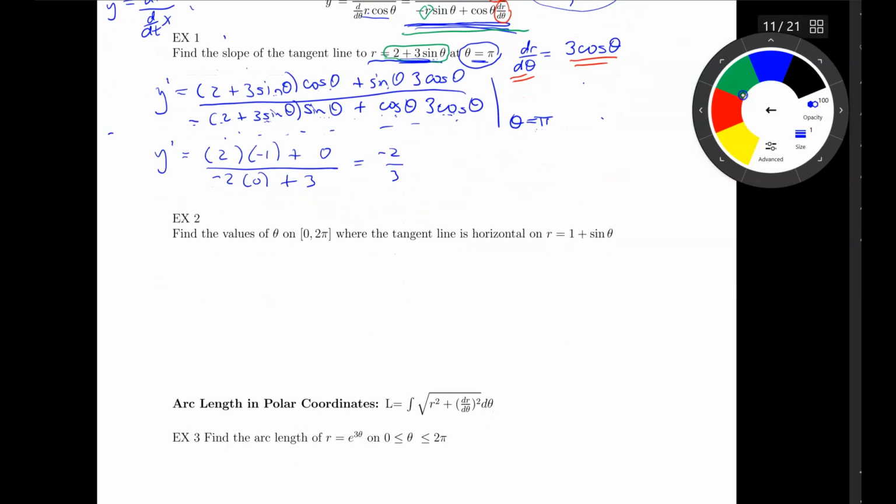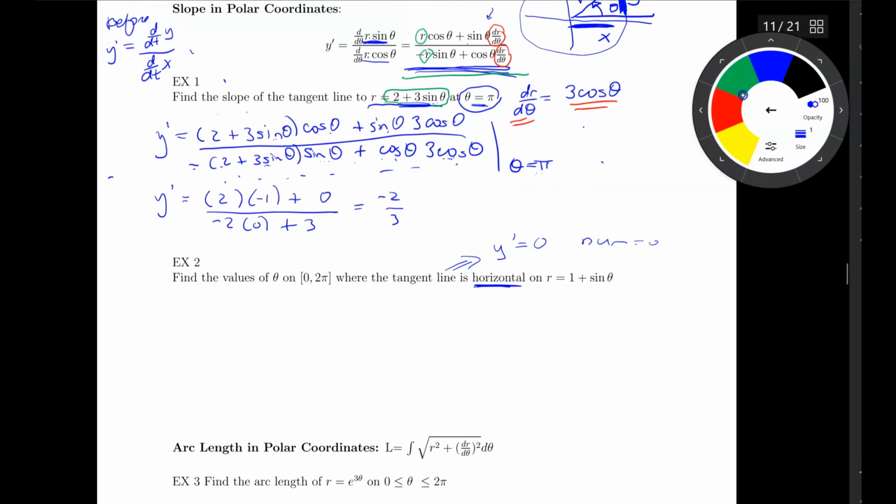All right. So how do I find when the tangent line is horizontal? Tangent line is horizontal means y prime equals 0. So that's going to be where the numerator equals 0. Unlike when we did parametric equations, where there were times that there was canceling from the numerator and the denominator, there is not going to be canceling on these. So we can go right to finding out when the numerator equals 0.